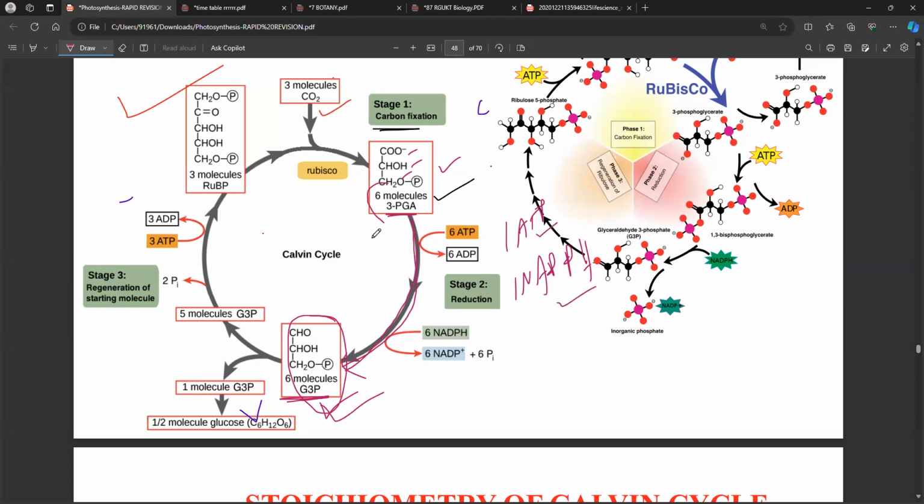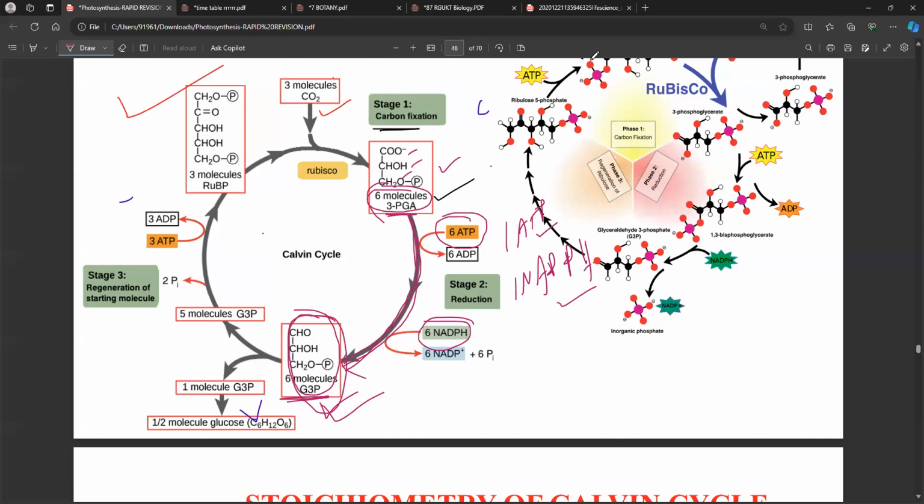But what is the question here? We have 6 molecules of 3-PGA. So I have to reduce the 6 molecules of 3-PGA compulsorily into 6 molecules of G3P. Then I have to spend 6 ATP and 6 NADPH. This is called the reduction step.